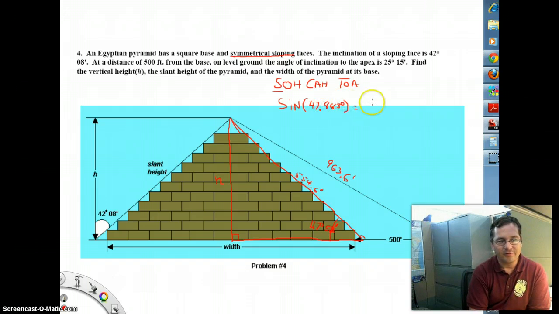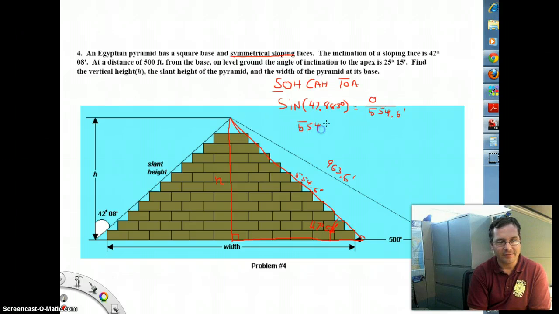And what is that equal to? It's equal to the opposite, which in this case is the height, so the opposite side divided by the hypotenuse, which we already know to be 554.6 feet. Now the question is, how do you get the O, the opposite, by itself? Well, you multiply both sides by the denominator.